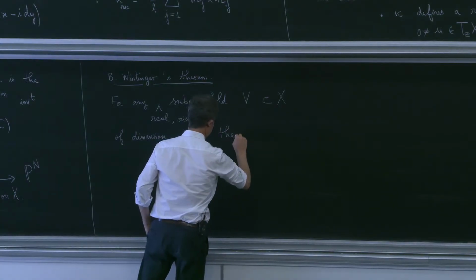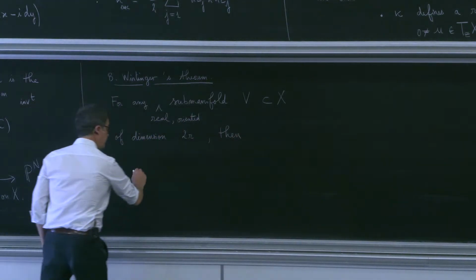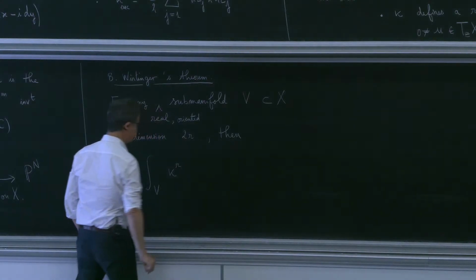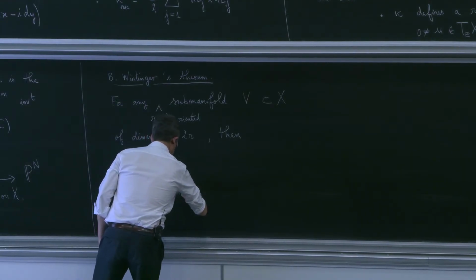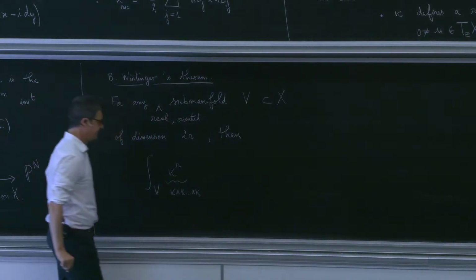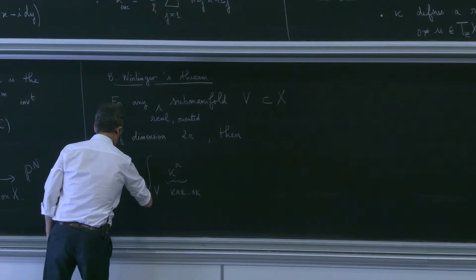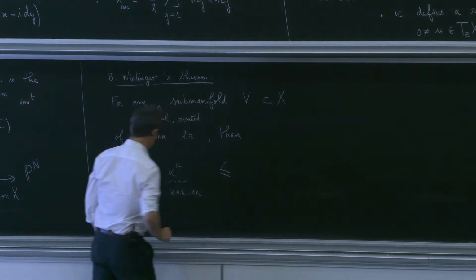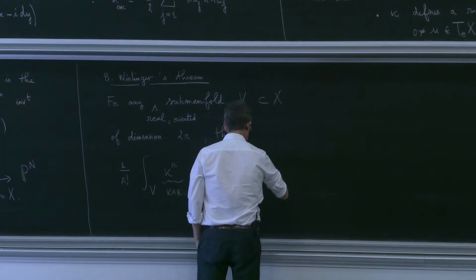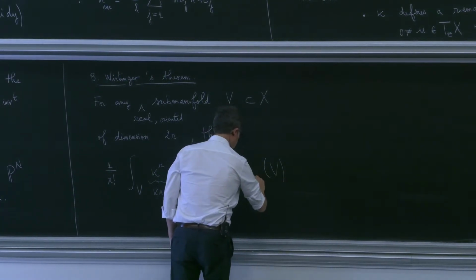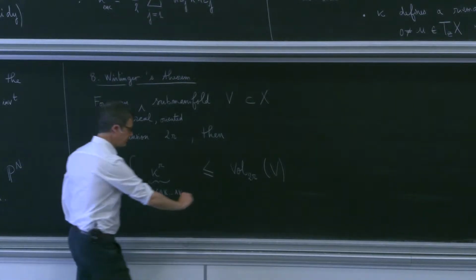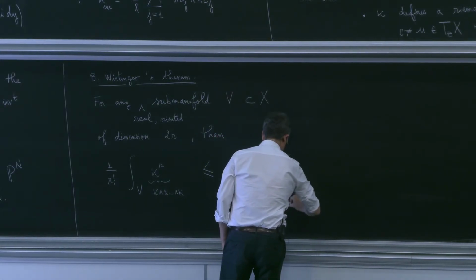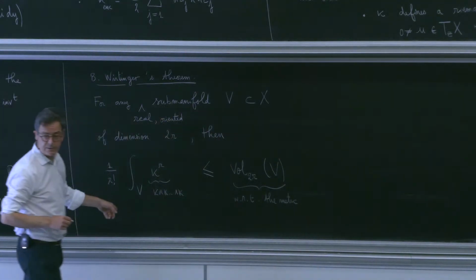Then I have the following inequality. I can integrate on V my differential form kappa to the R, so this is kappa^R, and divide by factorial R. And then this is bounded from above by the volume of V, of course, the volume in dimension 2R, with respect to the Riemannian metric associated to kappa.